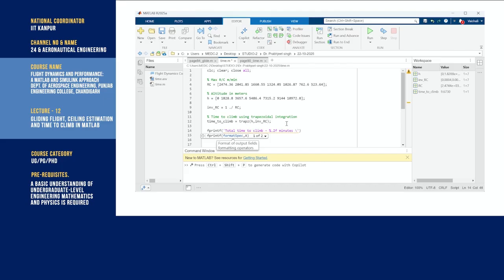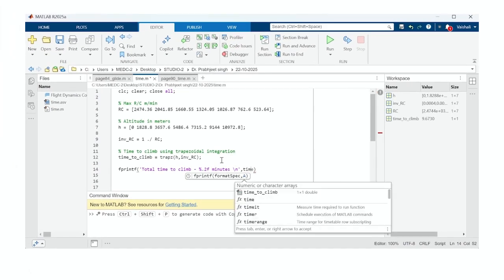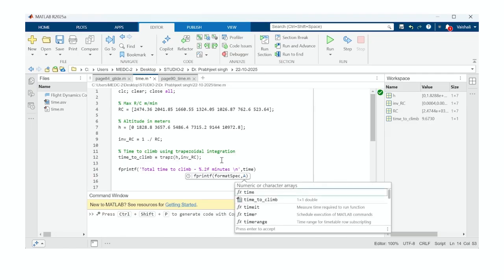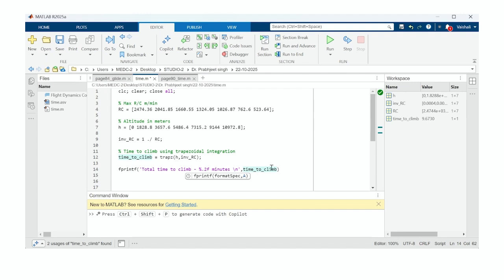Next line, and what is the value that it should publish? That is time to climb. So if I save this and run it, directly I can see over here the time to climb is 9.67 minutes.